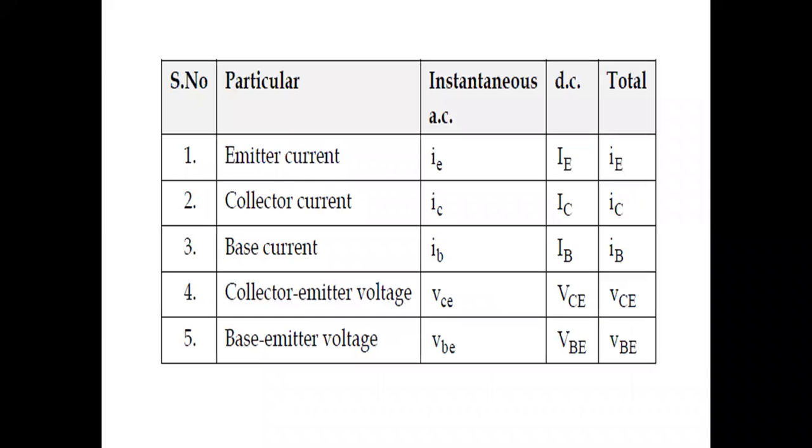Similarly, the collector to emitter voltage is represented by VCE, and base to emitter voltage is represented by VBE.